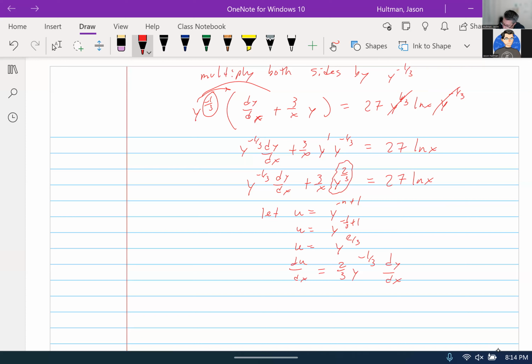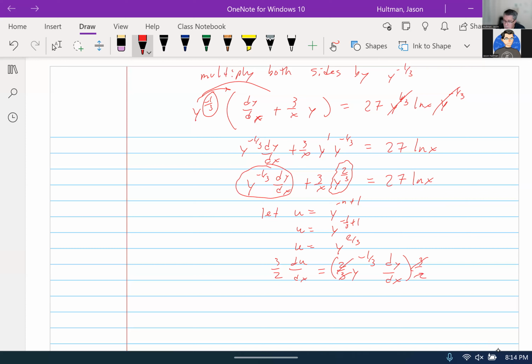I like that because look here, I'll just put it in red, I have a y to the negative 1/3 dy dx, and I just have this 2/3 over here kind of gumming up the works. So what I'm going to do is multiply by the reciprocal, 3/2. And I can say, look, this thing over here, I can replace with 3/2 du dx.